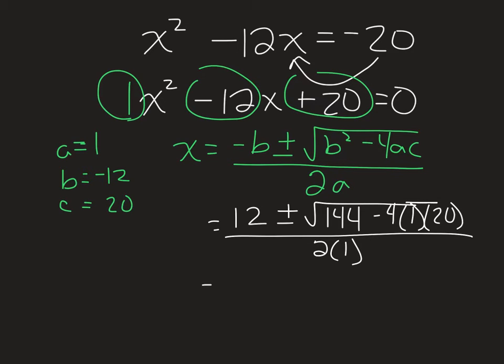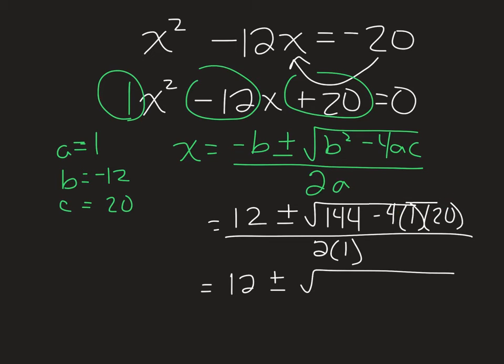Okay? So what we're doing now is just working through that quadratic formula in order to find these solutions. So what we have now is 12 plus or minus the square root of. Okay, so let's check this out. I have the 144, and then I have negative 4 times 1, which is negative 4, and negative 4 times 20, which would be negative 80.